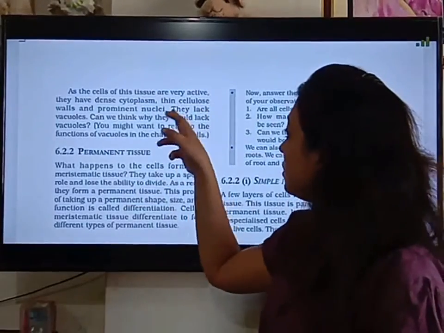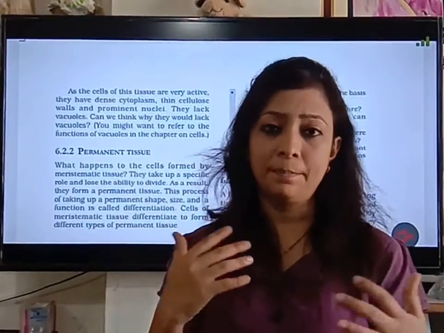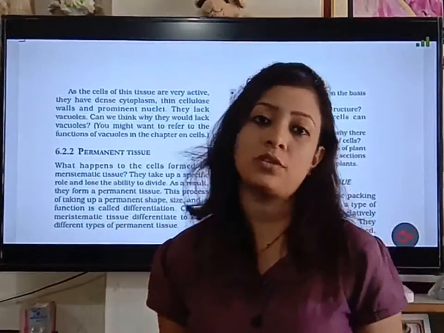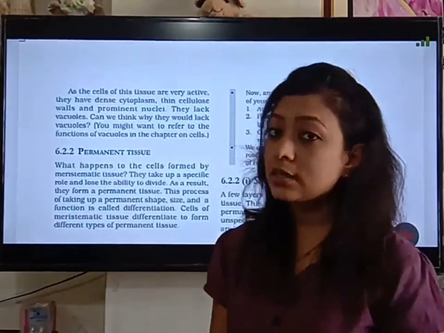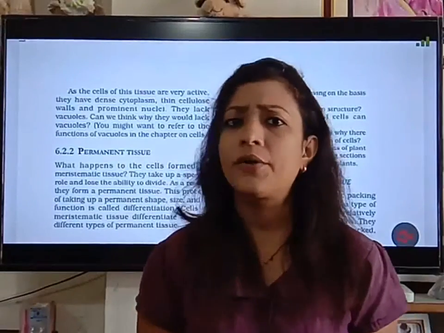Next, their walls are very thin. We know that plant cell walls are made of cellulose, and permanent tissues like sclerenchyma or collenchyma have lignin deposited on their walls. That makes the wall very hard. But these cells are very active. They are immature, continuously growing cells.